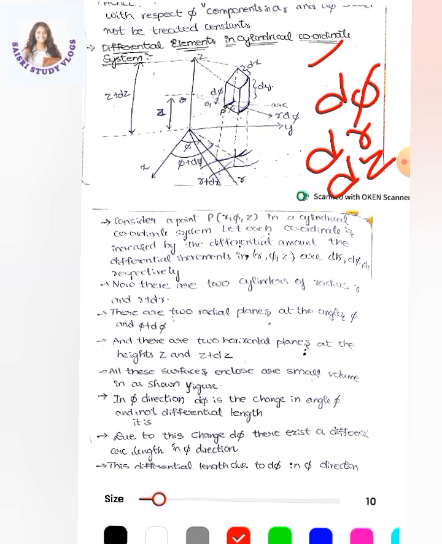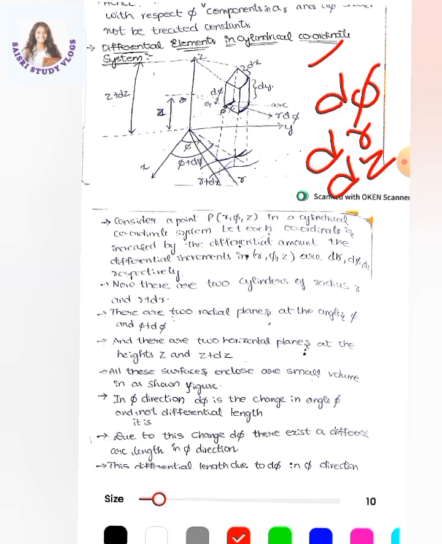When solving any problem, we have to make sure that phi, r, and z are in the same dimensions, meaning all in meters or all in centimeters.